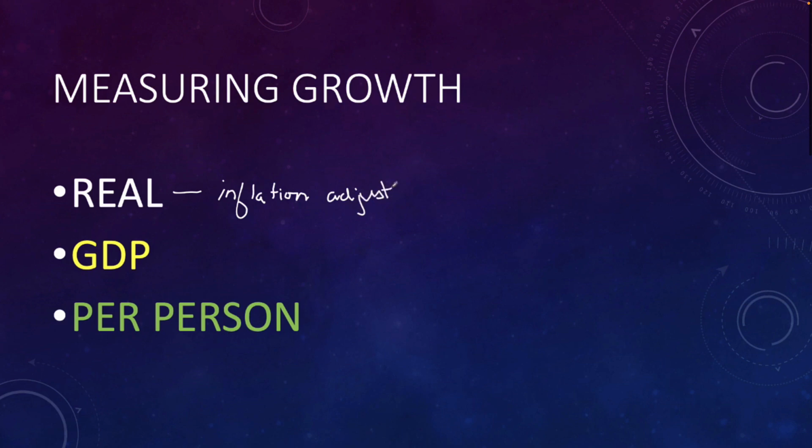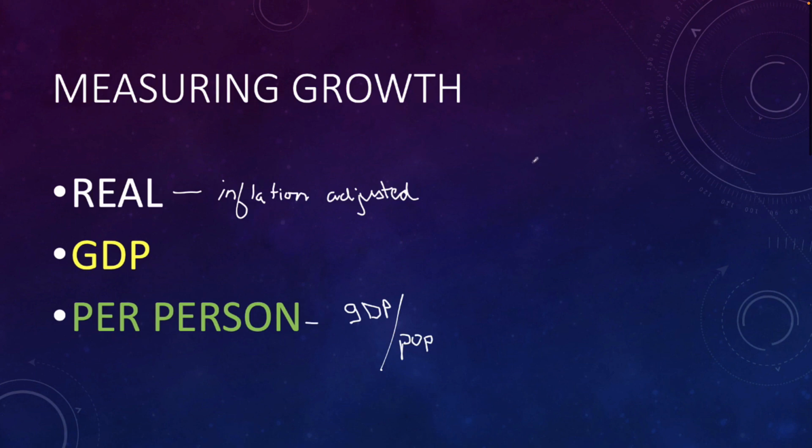But now we're also going to be doing something else. We're going to be looking at this in terms of per person GDP. And we talked about this when we talked about measuring output. We're looking at this in terms not of what the country is producing as a whole, but what it is producing per person. So we're going to take that real GDP and divide it by population. We want to know how many people are in the country. And as we're measuring growth, we're trying to see if there's been a change in this real GDP per person from one year to the next.